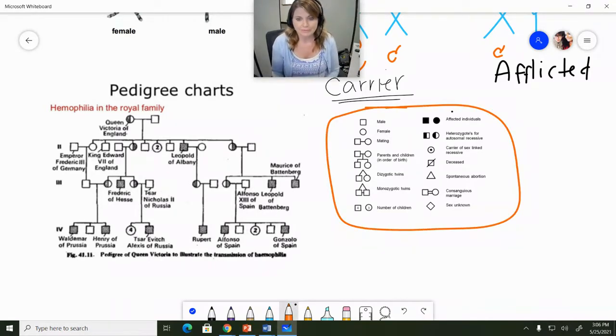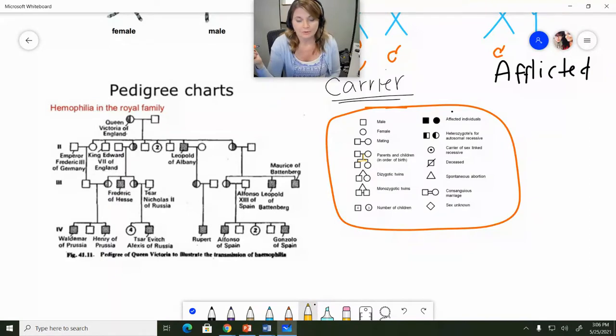But like this is the different symbols for the pedigree. A square is male, a circle is female. If they're joined with a line, that means they're mating or they had children together. Or we say they're married, but it's not technically true anymore. They don't have to be married. And then if there's a line that comes down like this here, and there's symbols below it, those are parents of children.